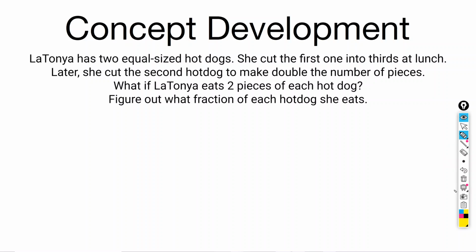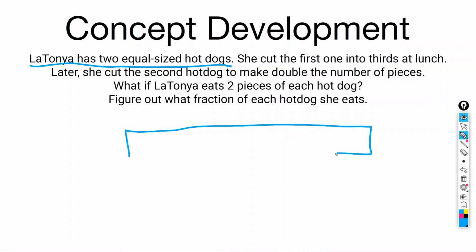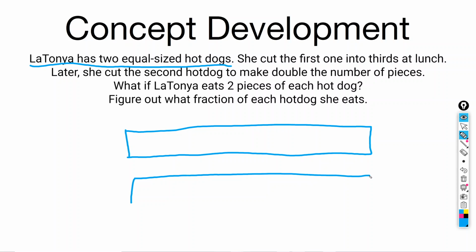So let's go back to the beginning. Let's do this step by step. Okay. First, LaTanya has 2 equal-sized hot dogs. So what I'm going to do is I'm going to make 2 equal-sized fraction strips. And that's going to represent our 2 hot dogs.